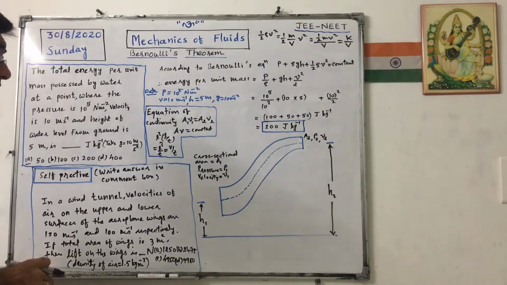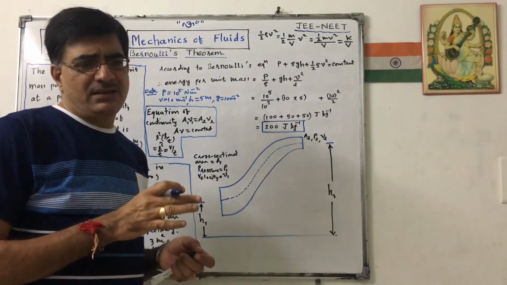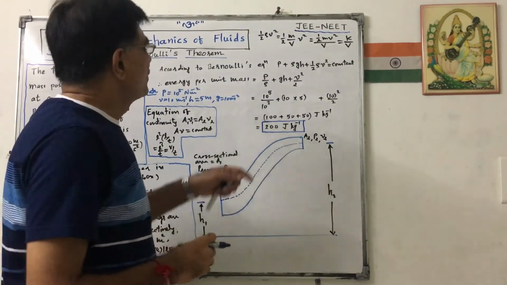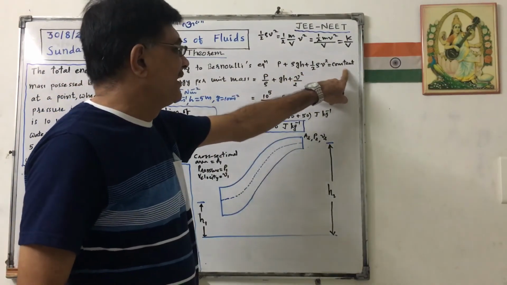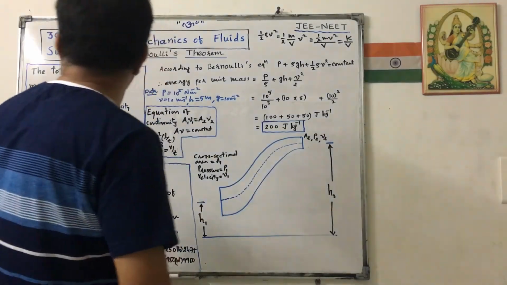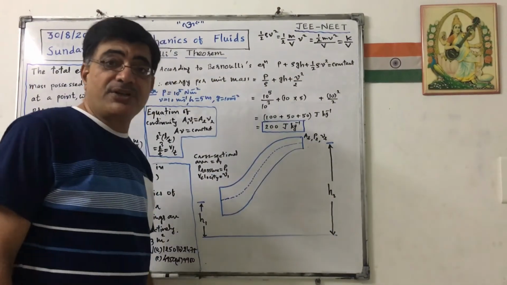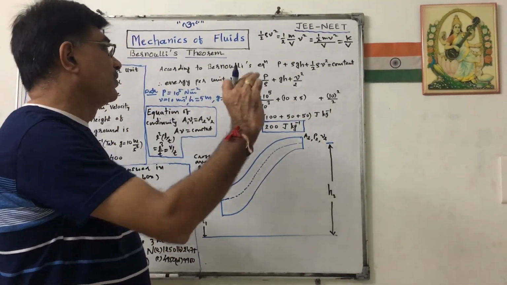Now we have data for only one cross section, so we have to find the required quantity for only that cross section. We know that P plus rho g h plus 1 by 2 rho v square equals constant, but we are asked per unit mass. This is per unit volume, so to get per unit mass I will have to divide all the terms by mass.